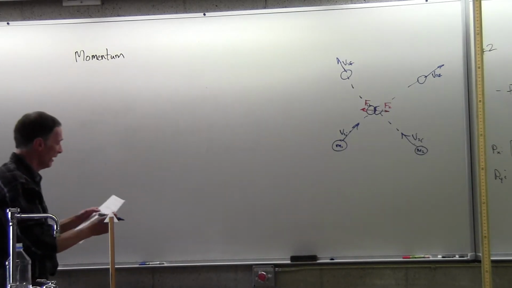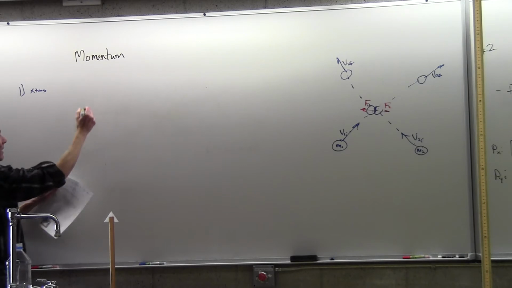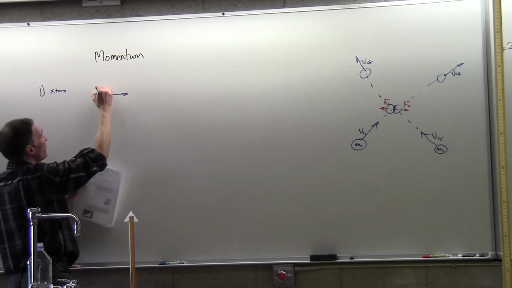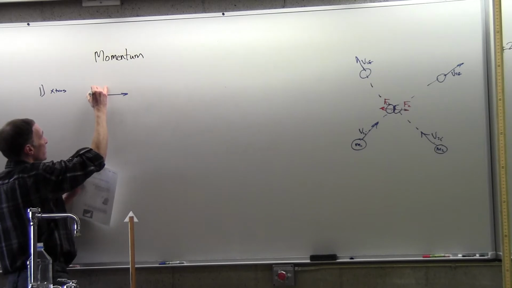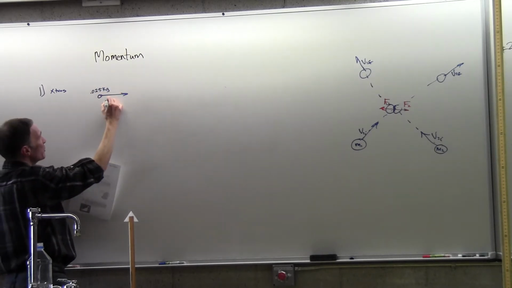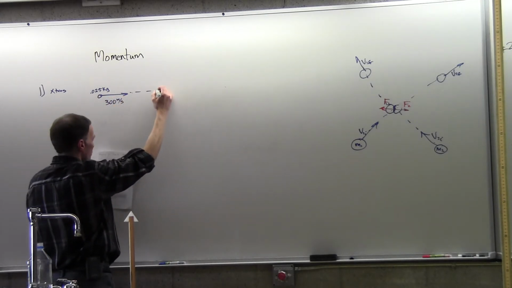Okay, now this one is number 1 on the extras. And again, we've got this bullet. It's coming in. He's got a 25-gram bullet, 0.025 kilograms. It's traveling at 300 meters per second. It's going to come in and strike the can.